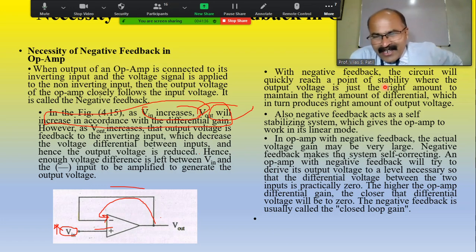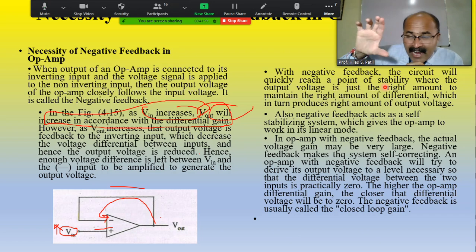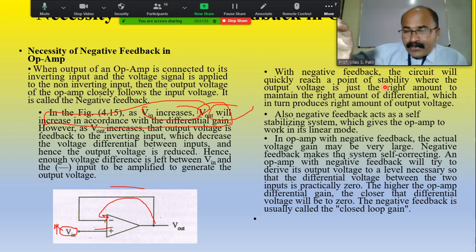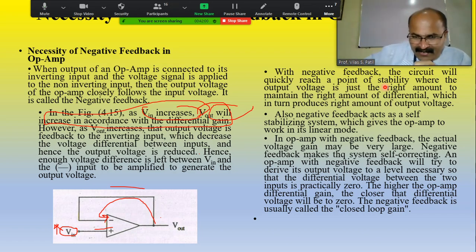It will keep the output constant. If the input is high, the stabilizer tries to keep the output constant.